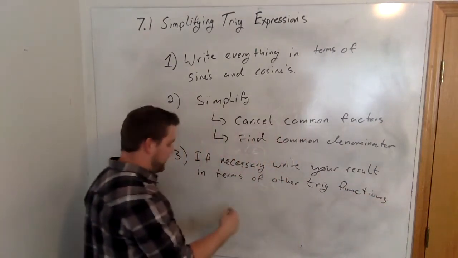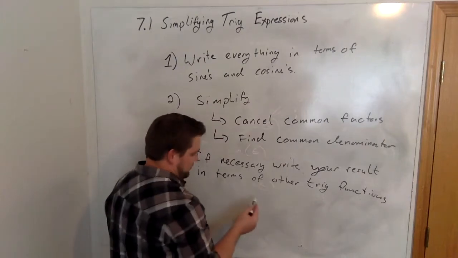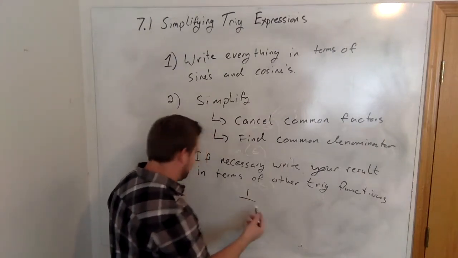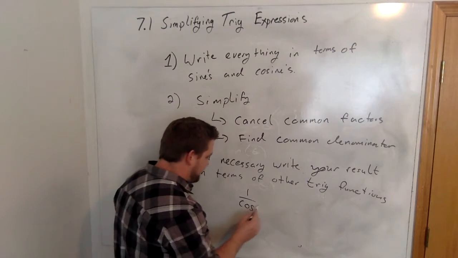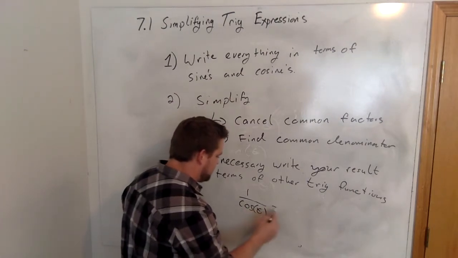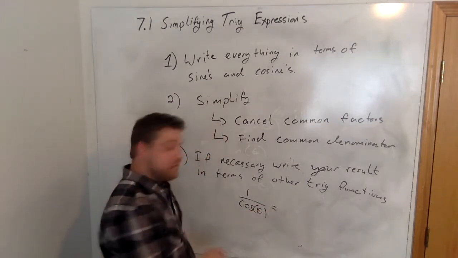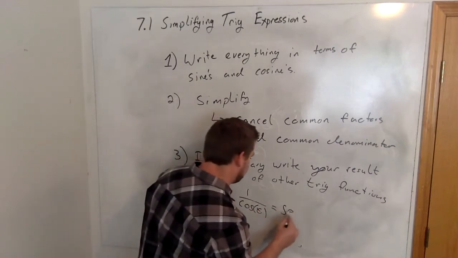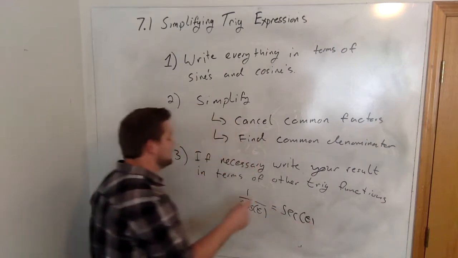What I mean here is if you simplify something and it turns out to be 1 over cosine, go ahead and just write this as secant of theta. So that's what I mean here in step 3.